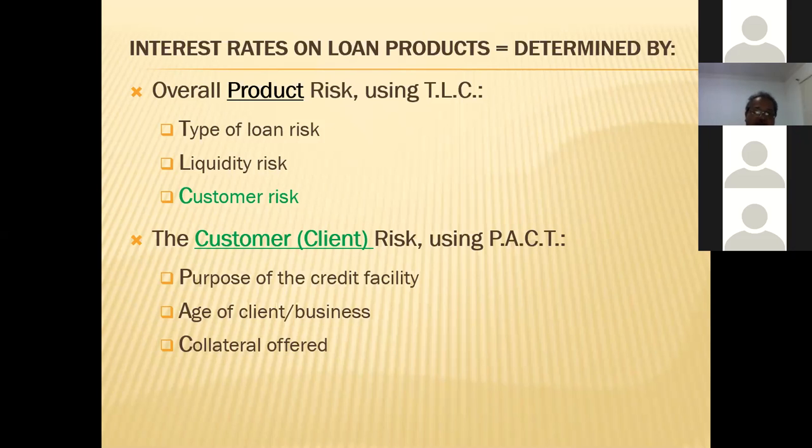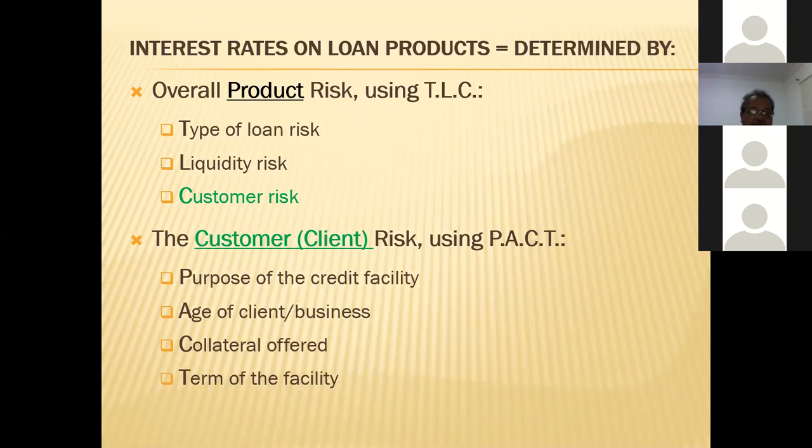Or is it something similar, like stocks or shares? Based on the collateral offered by the client, that would determine the interest rate. If the client offers cash and the loan is cash secured, the interest rate tends to be lower. Real estate will be slightly higher than cash security, say in the form of a CD or term deposit.